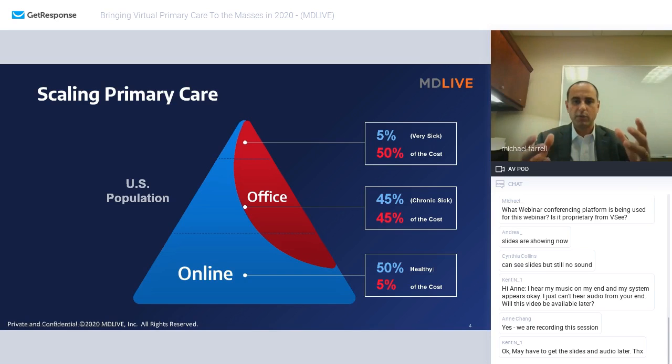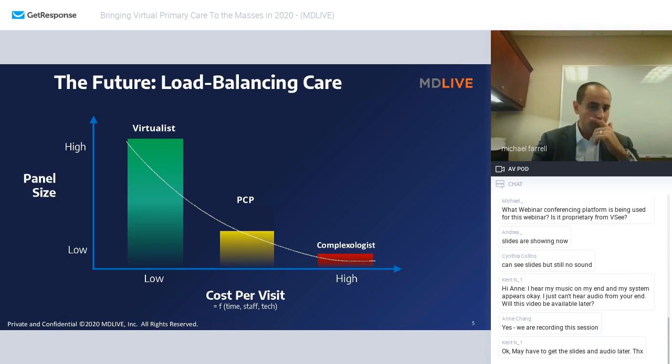I don't think you'll ever hear anyone say that 100% of care can be shifted to online. It's just looking at those different levers and those types of patients that we solve today, and how do we shift some of their care online. And as you can see here from this graph, about 65 to 70% of the average consumer, we feel that their care can be shifted online.